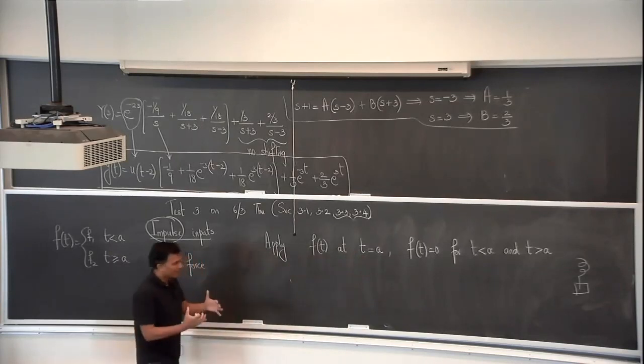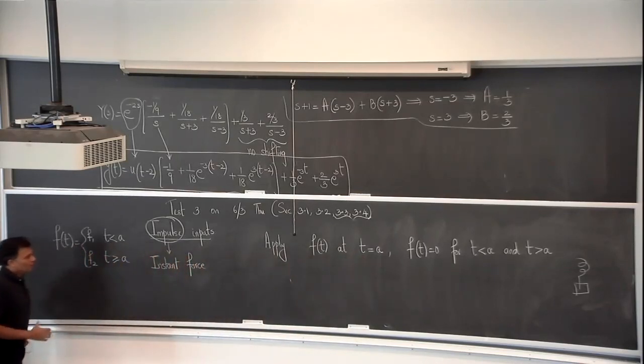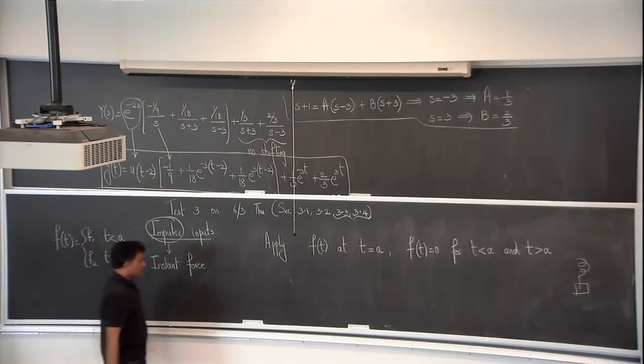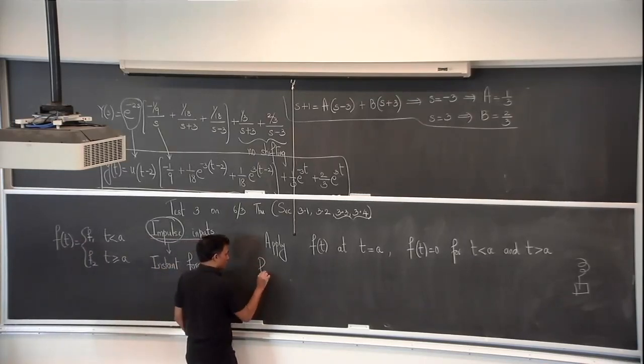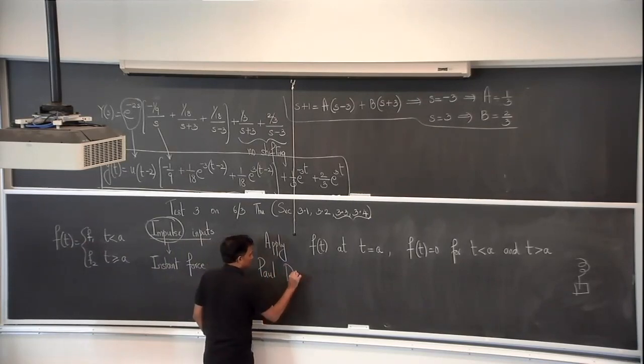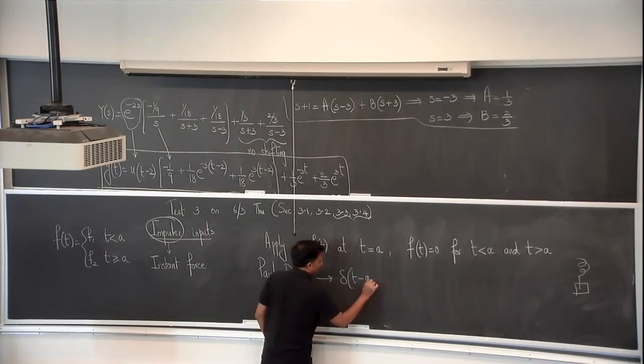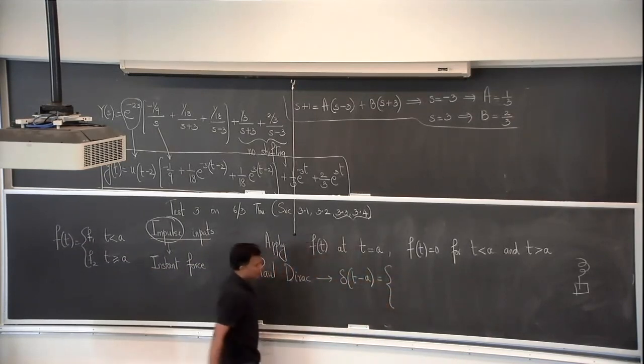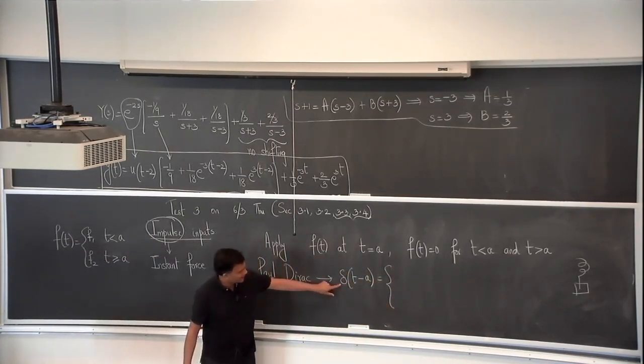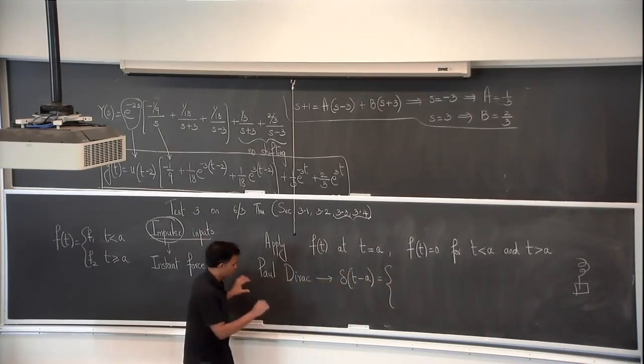So we need something weird and clever to take care of this particular situation. Somebody was smart enough to do this. His name was Paul Dirac. He introduced a function that does exactly what we are trying to do here. Denoted by this Greek letter delta, it's called the Dirac delta function.